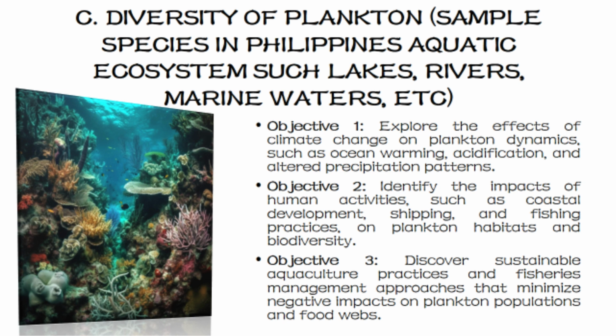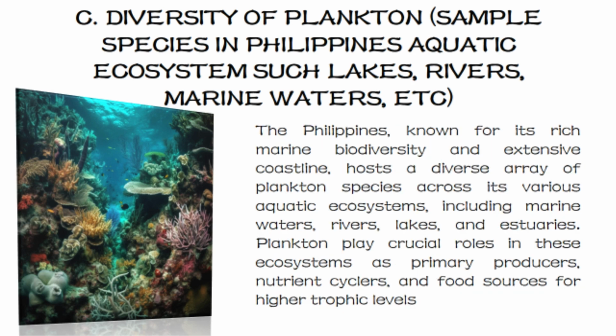Two, identify the impacts of human activities such as coastal development, shipping, and fishing practices on plankton habitats and biodiversity. Third, discover sustainable aquaculture practices and fisheries management approaches that minimize negative impact on plankton populations and food webs.